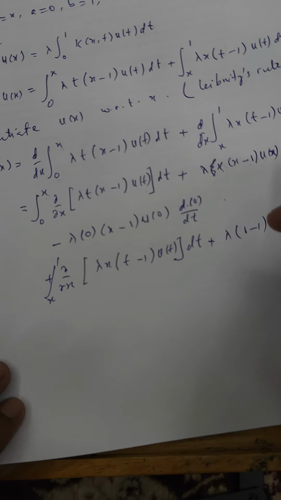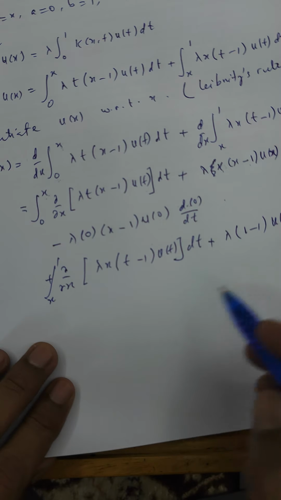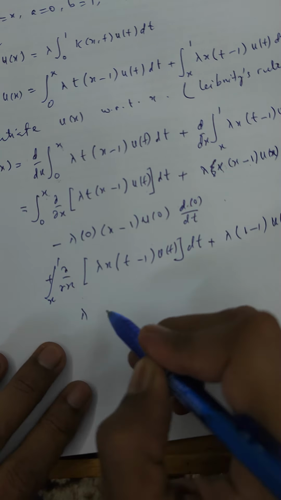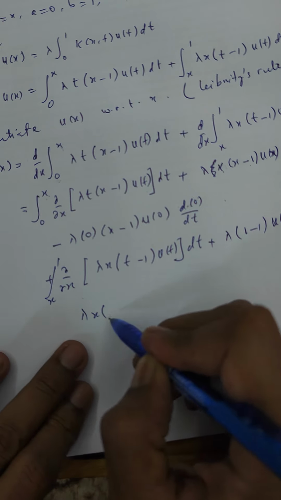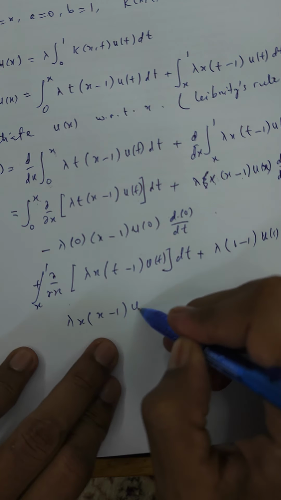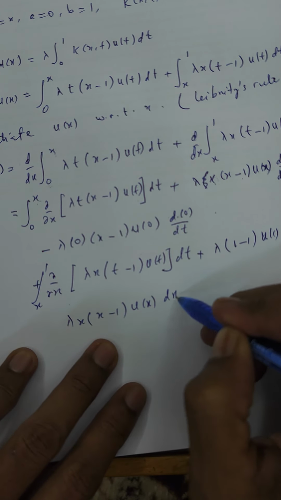And then next at the lower limit, so we have lambda x, x minus 1 u x dx/dx.